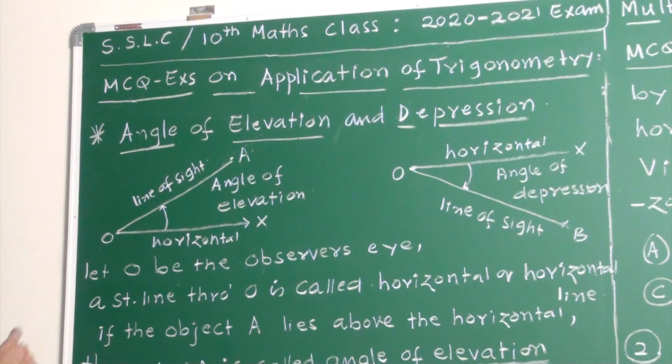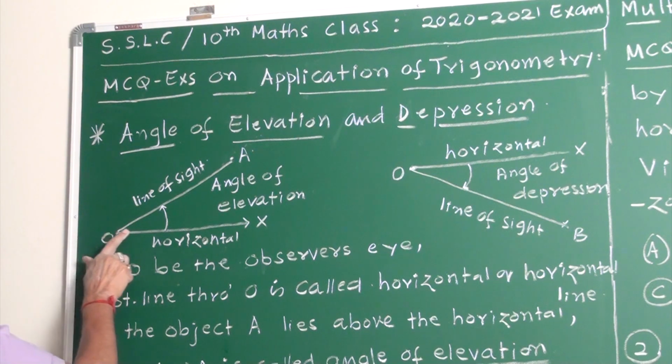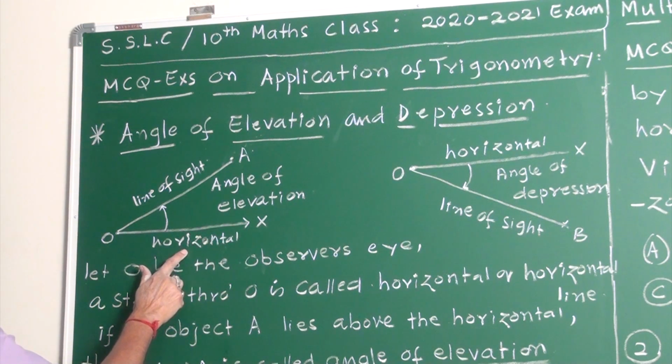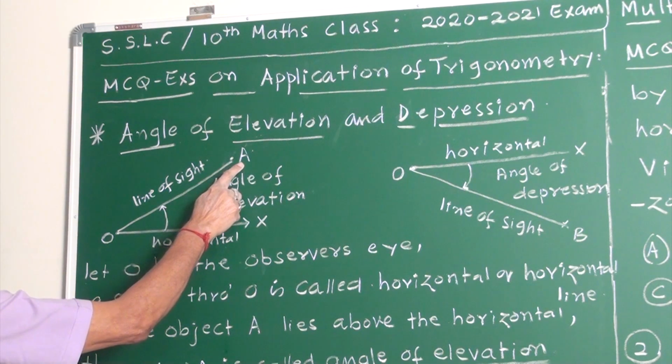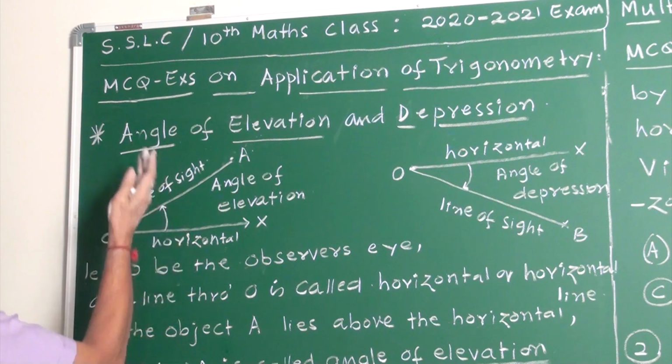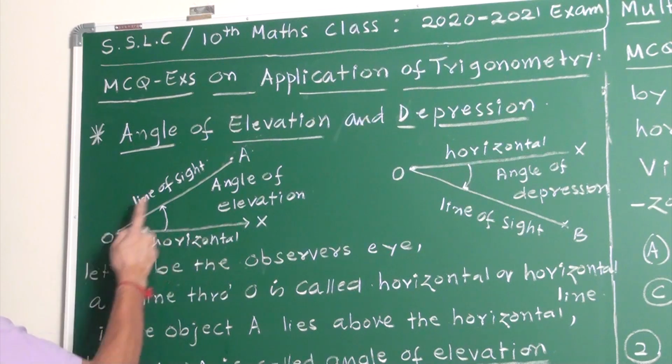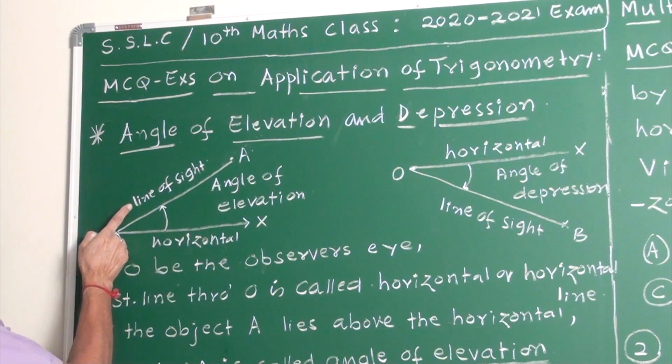Once again, my friends, let O be the observer's eye. A straight line through the eye, that is OX, is known as the horizontal. If the object A is above the horizontal, then this line OA is called the line of sight.